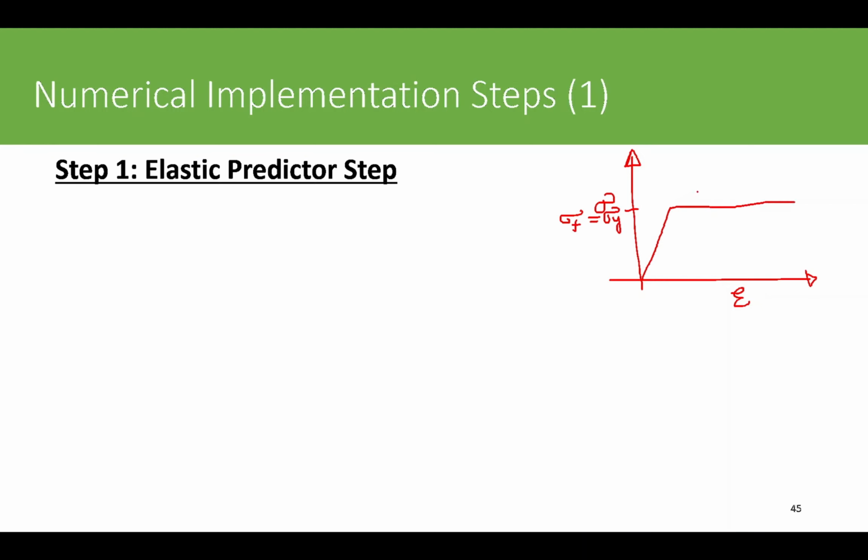For a strain hardening material, we will have some kind of hardening behavior, which will be the next part of this course. So how this numerical implementation works is, for every strain increment, which is the input that comes from the finite element solver, for example Abaqus, we get an increment of strain delta epsilon and also the total strain. Based on this increment we can calculate the current value of the stress.